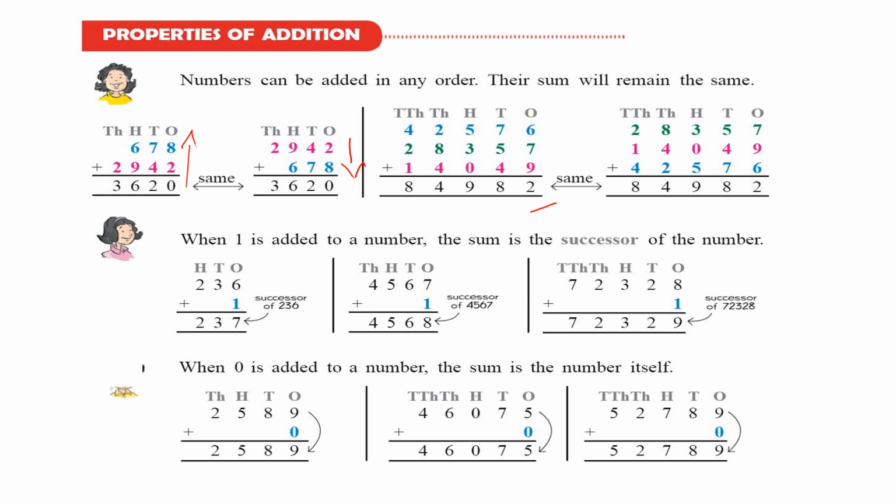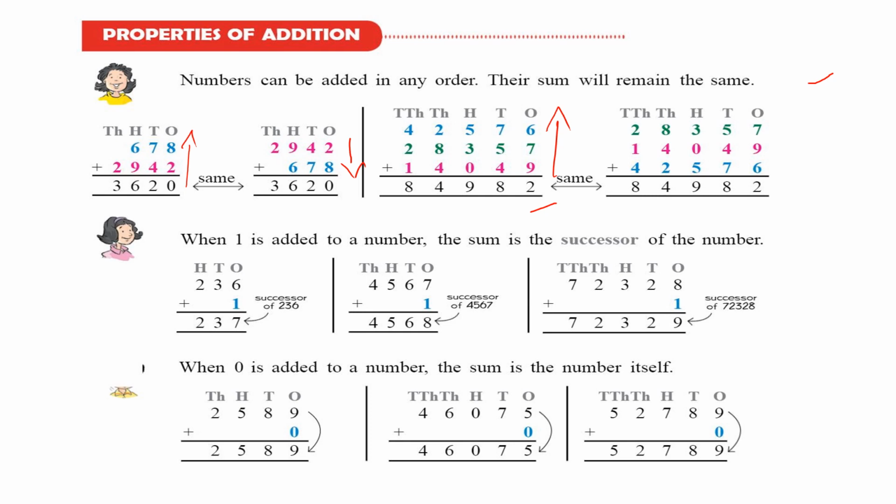Right? In the next example, in the same way, you have 42,576, 28,357, and 14,049. Yes, they are added in the order from bottom to top.